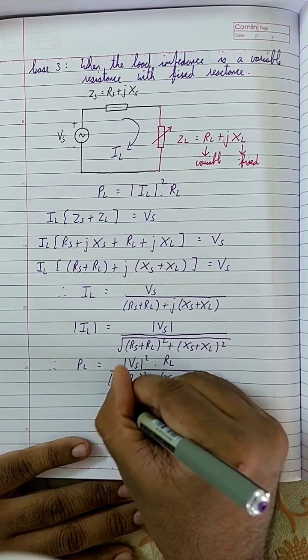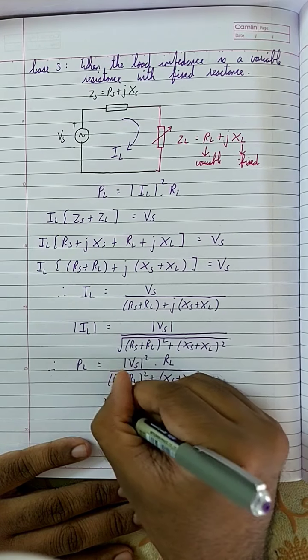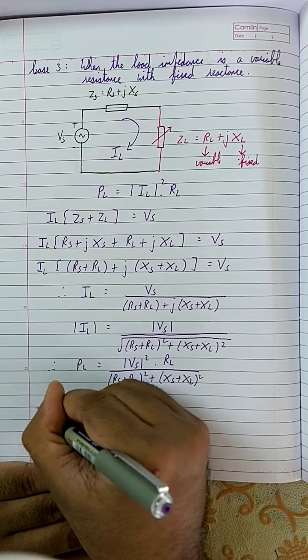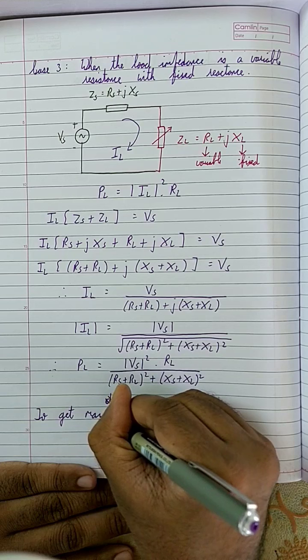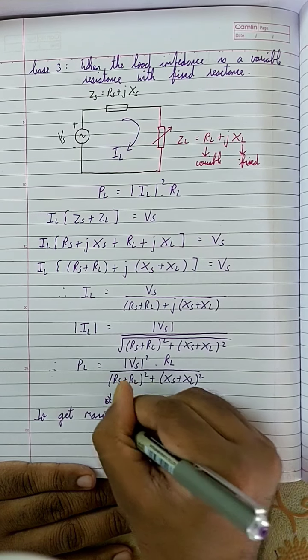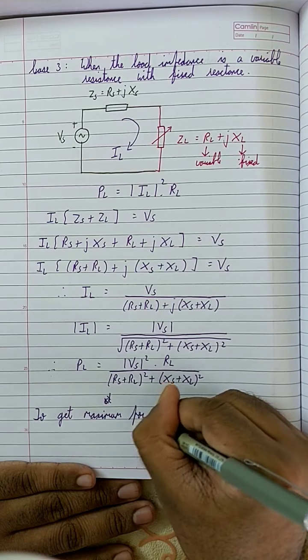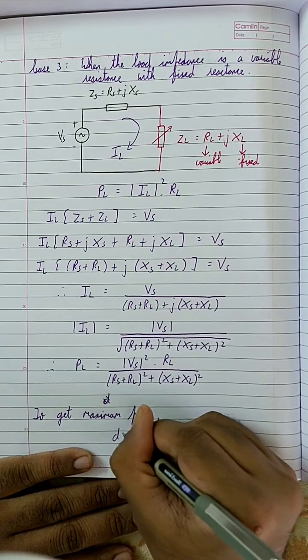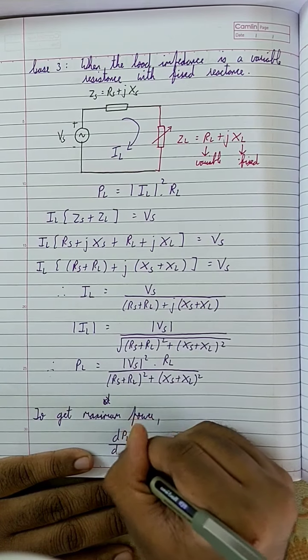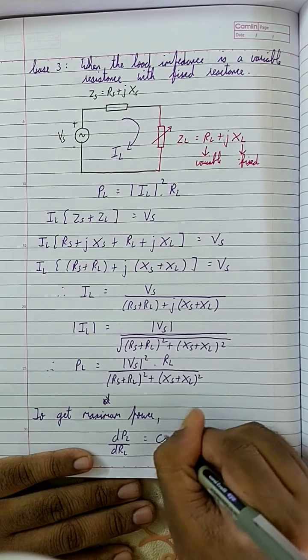So therefore, let me write that first. To get maximum power, dPL by dRL is equal to 0.